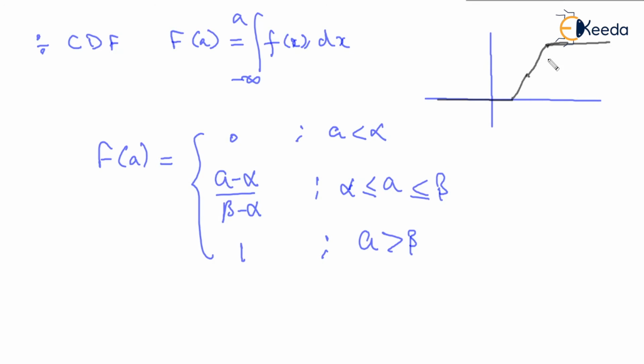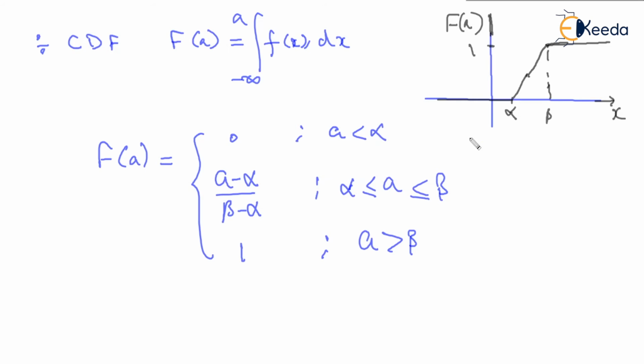This is beta, this is alpha, this is x, and this value is 1. This value is of course 0. So this is f of, let's say, a. For any value greater than beta, the distribution is going to be 1 because it will be the overall integral, which will be 1, right?